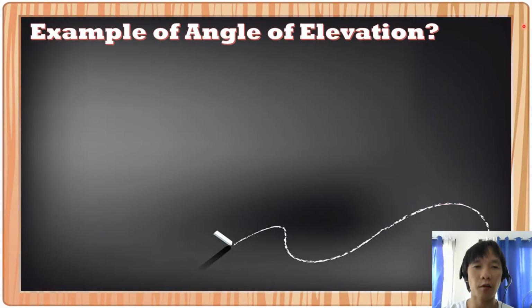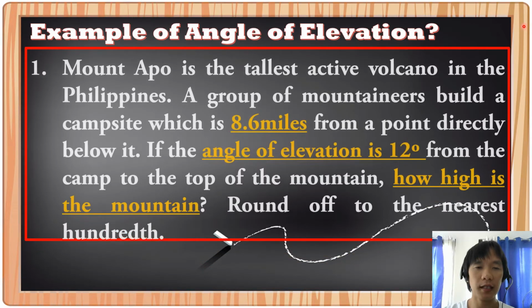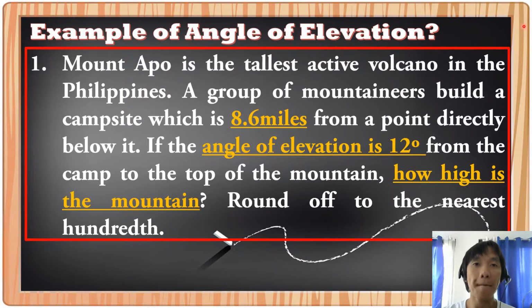Let us have our first example. So here we have our statement. Mount Apo is the tallest active volcano in the Philippines. Now, a group of mountaineers build a campsite which is 8.6 miles from a point directly below it.